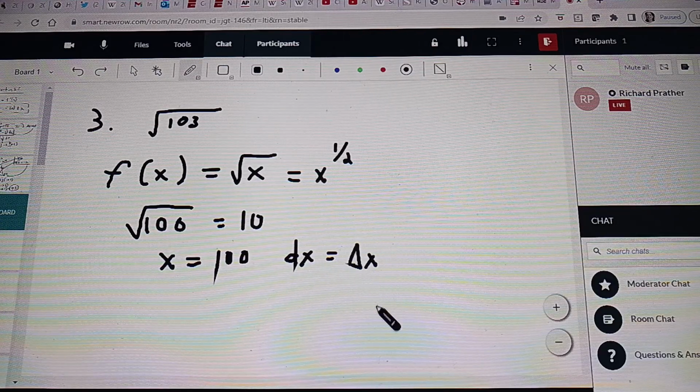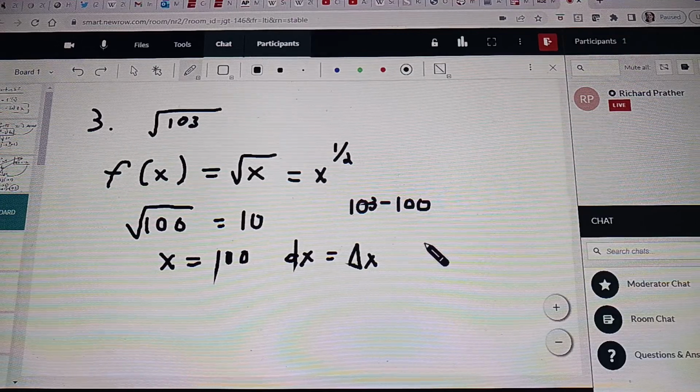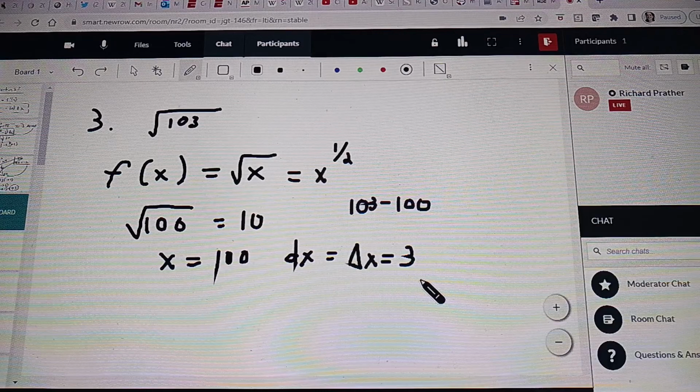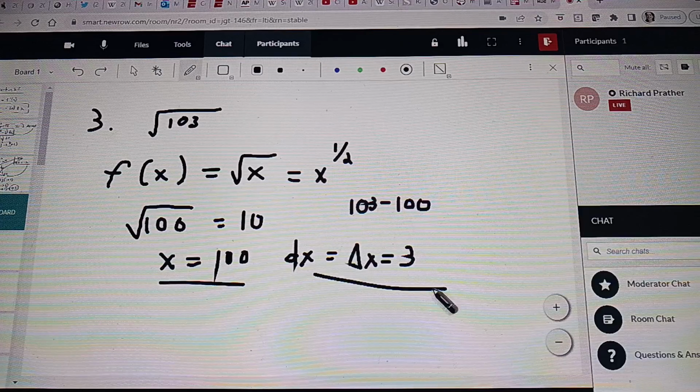How did x change? I changed from 103 down to 100, so my change in x is 3. I'm off by 3 units. So once you pick your x, you figure out how far away you are from that.